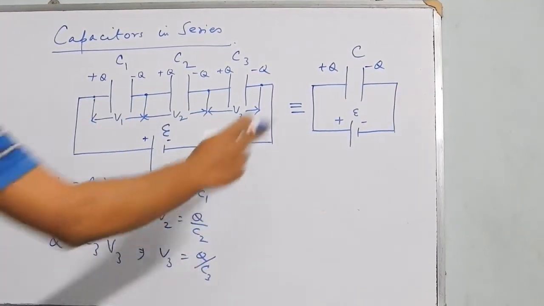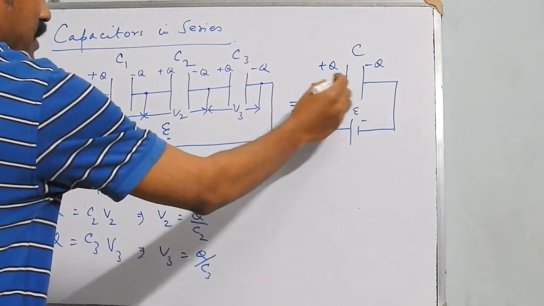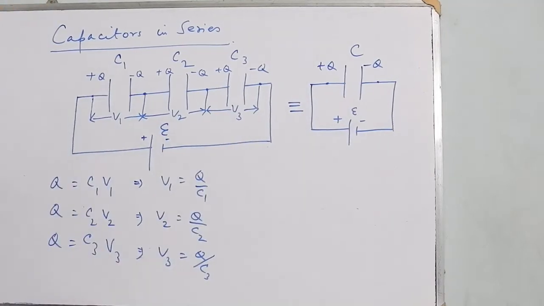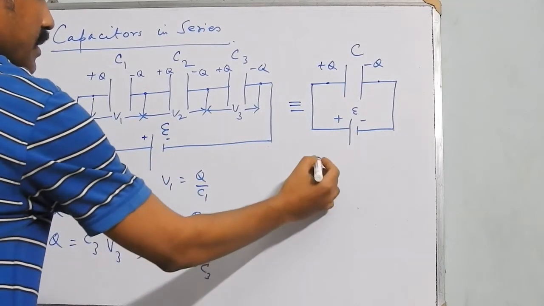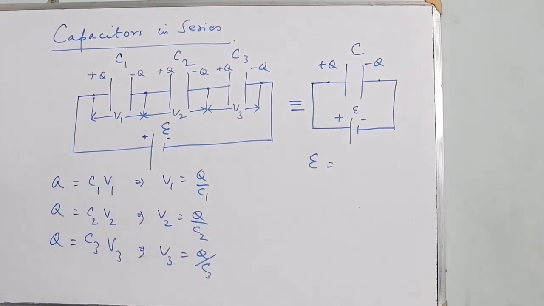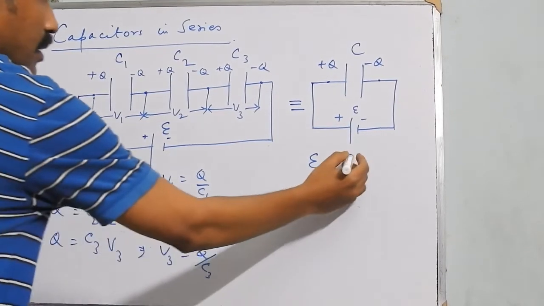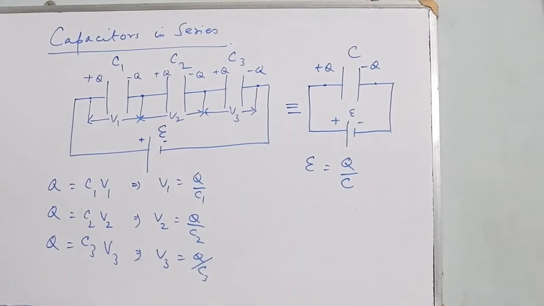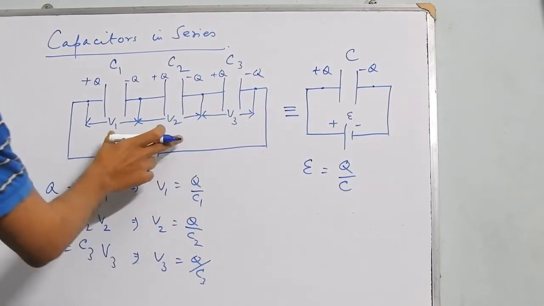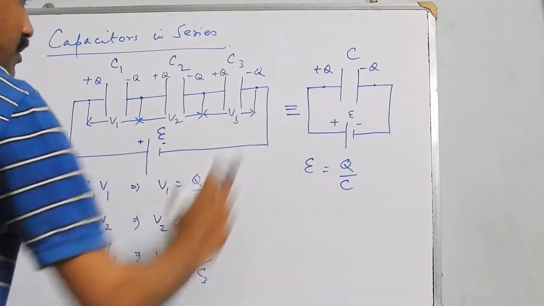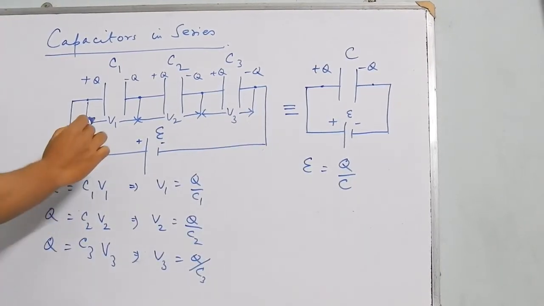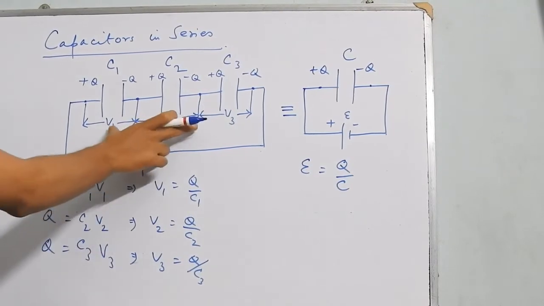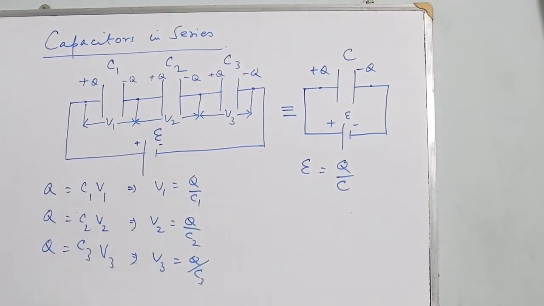Now for this capacitor, the potential difference developed at the ends of it will obviously be E, which will be equal to Q divided by C. And as the three have been replaced by a single one, the potential differences at the ends of the individual capacitors will add up to produce E again.